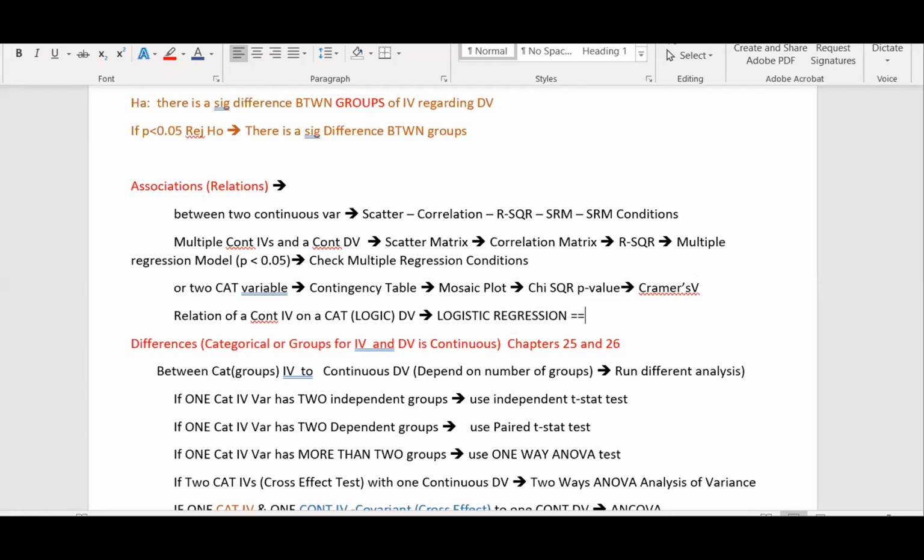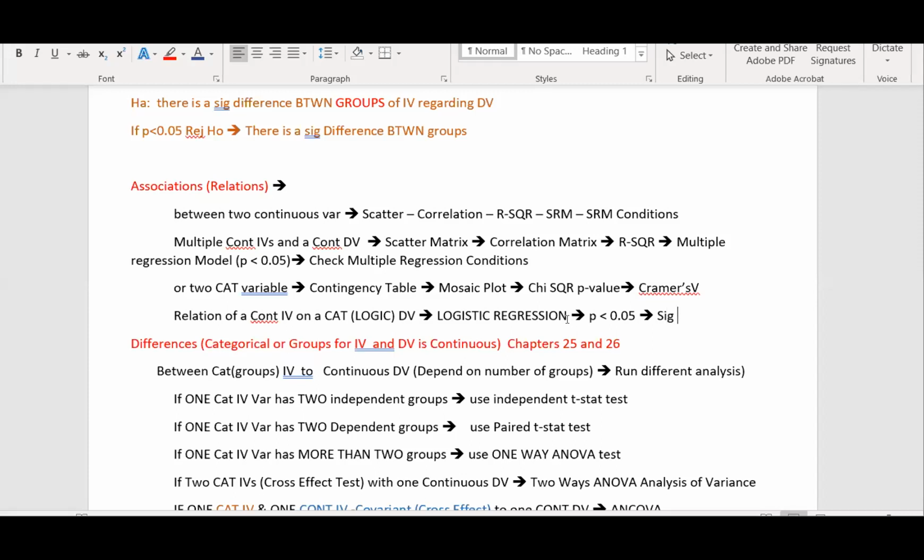And what are we looking at? Again, logistic regression is an analysis with a lot of complications, so we're just simplifying. We just want to look at the p-value and make sure that the p-value is below 0.05. If that happens, we say the relation, the association exists and it's significant.